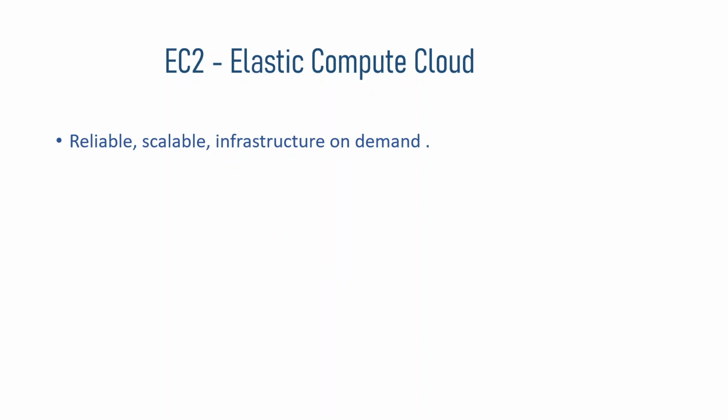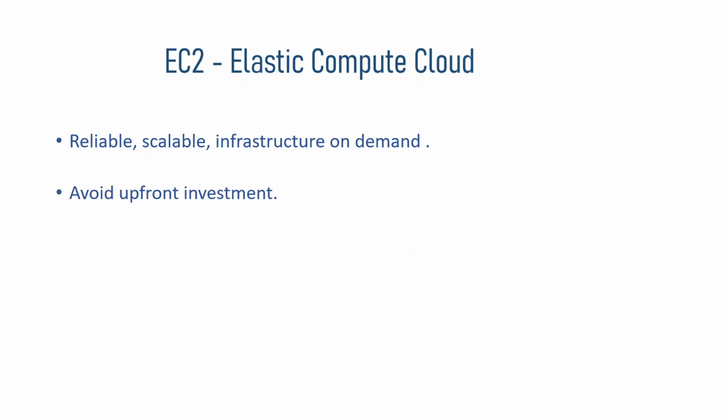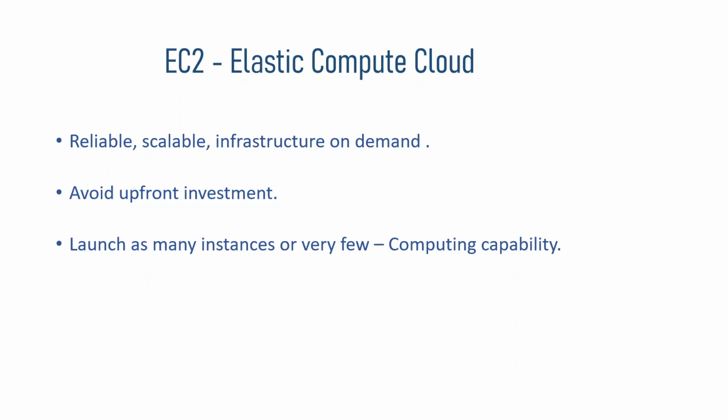Suppose today I want something, tomorrow I want a different thing, that is on demand. So based on my need, I am getting this infrastructure which is scalable and reliable. And while setting up an application, you don't have to worry about the infrastructure investment. At some point of time, if you want to increase the capacity, you can do that. That is the added advantage. Suppose we have one instance where we have hosted an application.